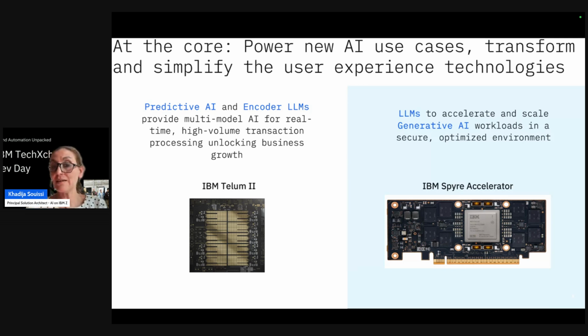But we are also seeing the new concepts around generative AI, agentic AI, and this is enabled by the other type of large language models, called the decoder large language models, that help provide the generation of text, of content, of code, etc. And this is what we are supporting on the IBM Z and LinuxONE platform with the so-called IBM Spyre Accelerator cards, which are going to be available by the end of this year.